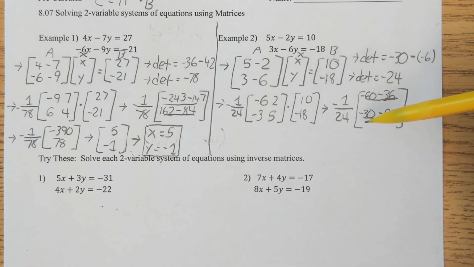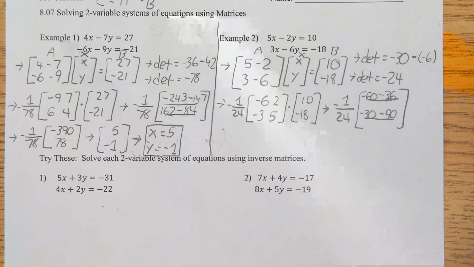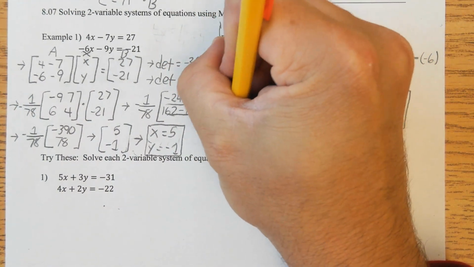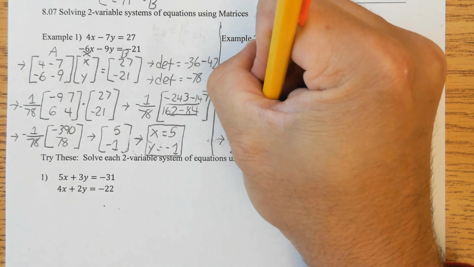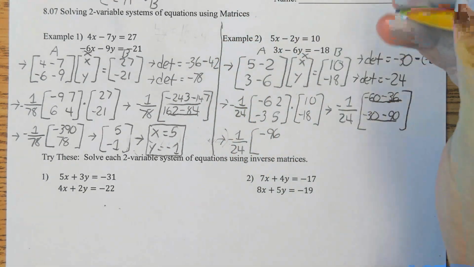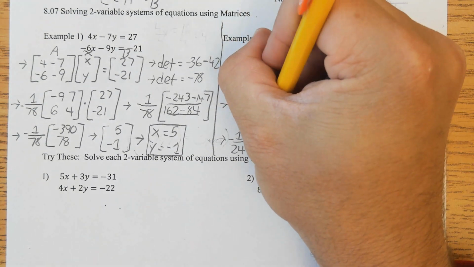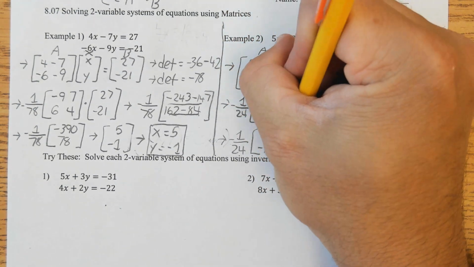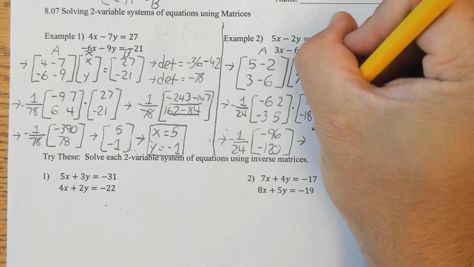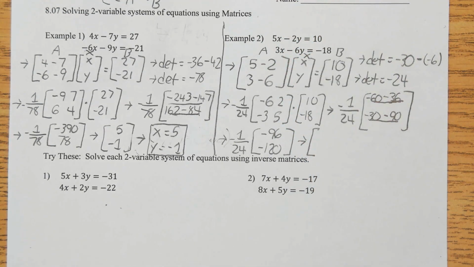All right, so let's go ahead now, and let's simplify this here. So again, bring your scalar down, so you have -1 over 24 times -60 minus 36, that's a -96. -90 minus 90 is a -180. If we're doing this right, we should get some nice answers here. And every now and then you might have a fraction as a solution, but I try to make them nice.